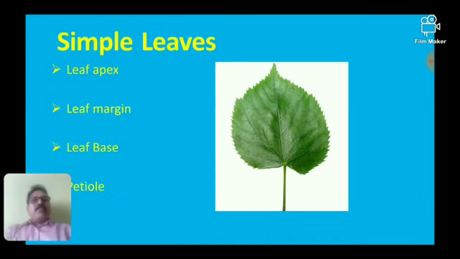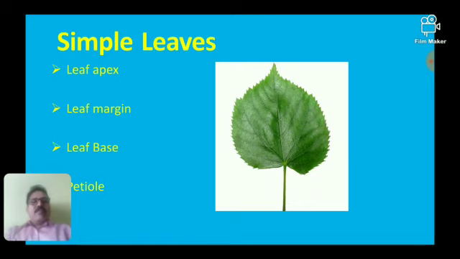So this is a simple leaf. This is the petiole, this is the leaf margin, and this one is the leaf apex, this is the midrib, and these are the side veins. So a leaf consists of leaf apex, leaf margin, leaf base, and this is a stalk that we call the petiole.